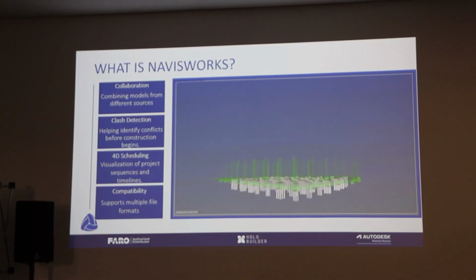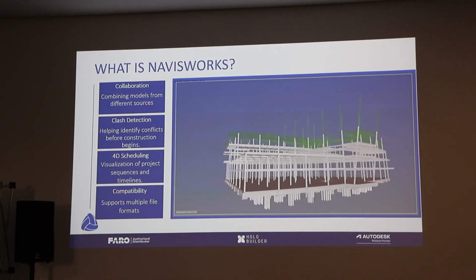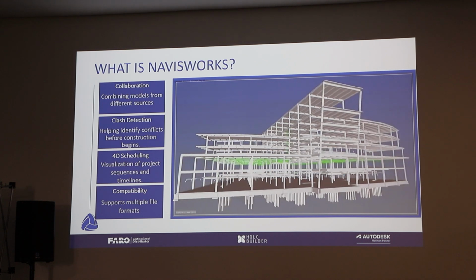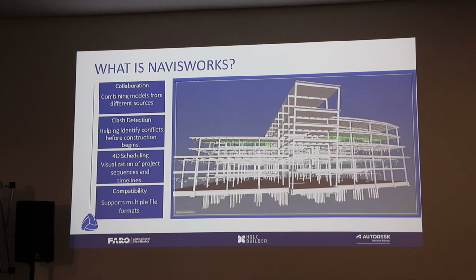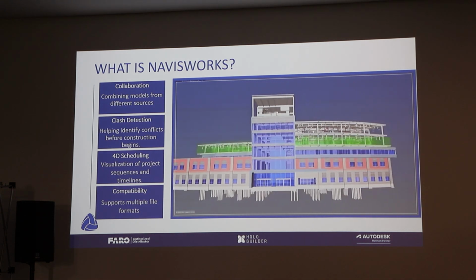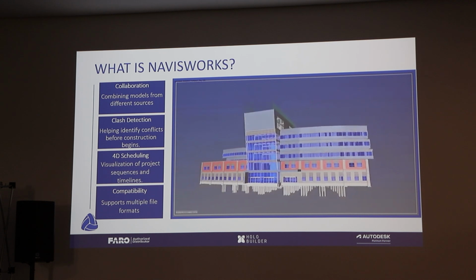So what is Navisworks? Navisworks is a project review tool used in architecture, engineering, and construction to bring together models from various sources. This enables various teams and disciplines to collaborate effectively. It's known for its clash detection, which helps identify conflicts in construction, and 4D scheduling, which allows teams to visualize projects in real time.